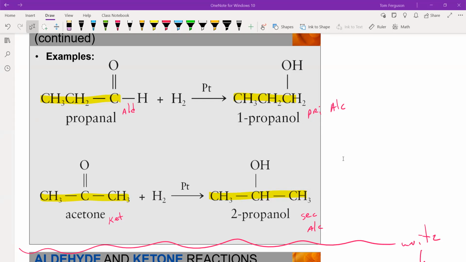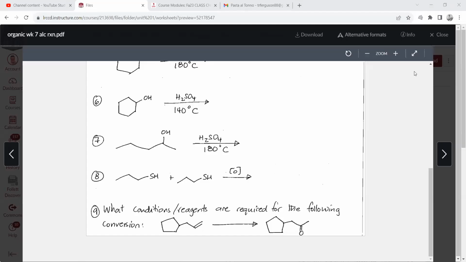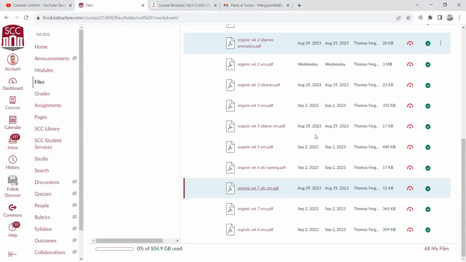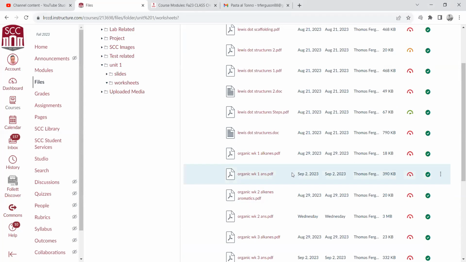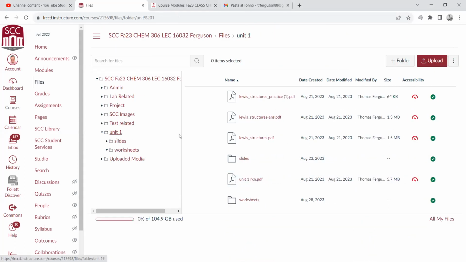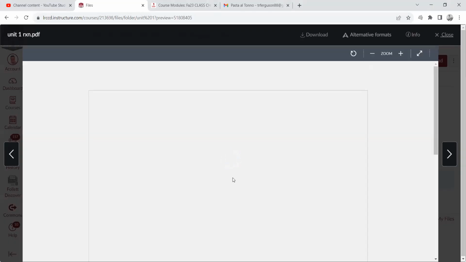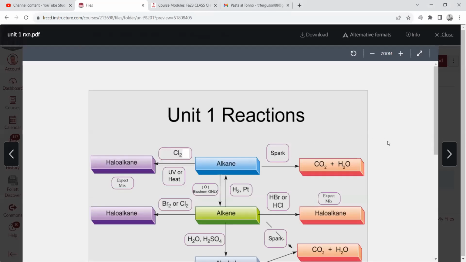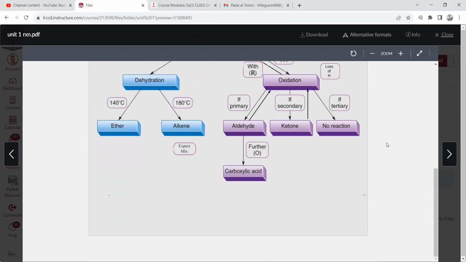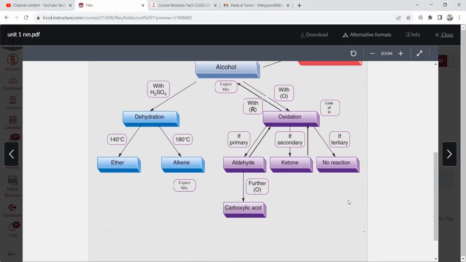What I'm going to give you though is the one that has the aldehydes and ketones on it.